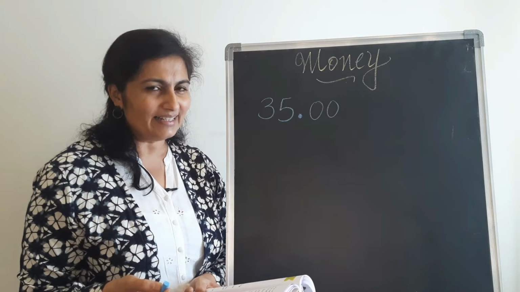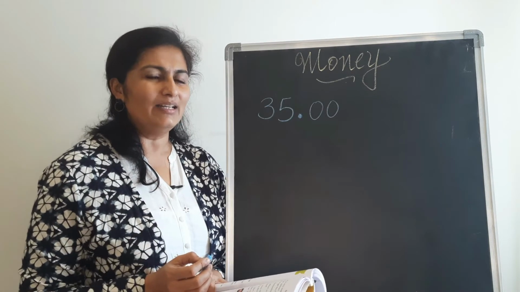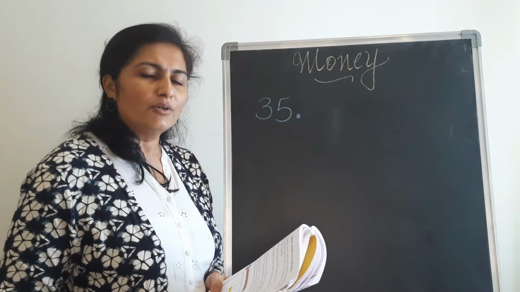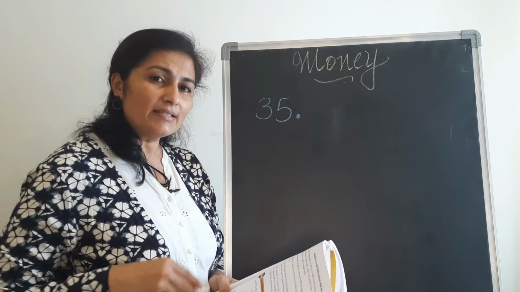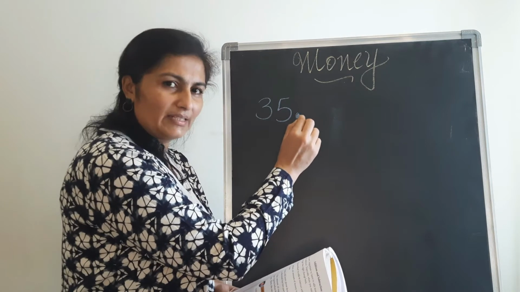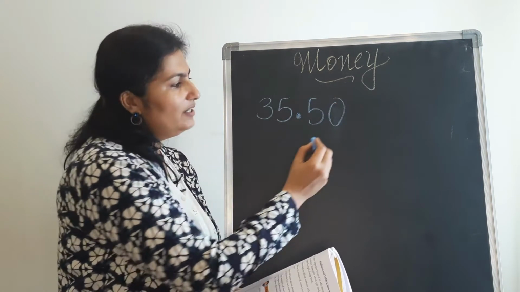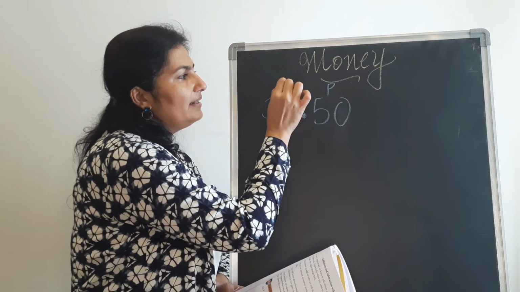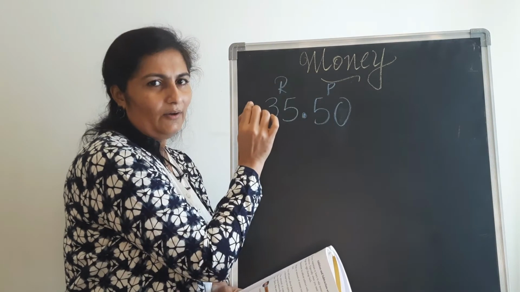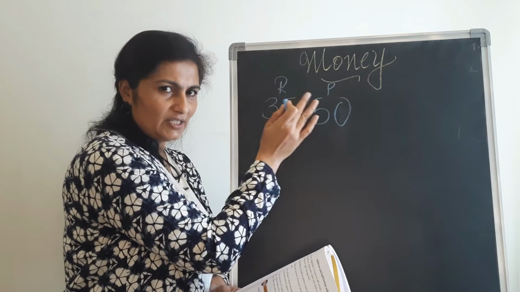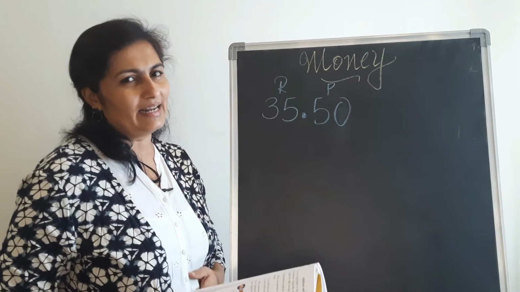I was mentioning that we used to have 50 paise also a few years ago. So for 50 paise, we put the decimal and put 50. So this is paise and this is rupee. We don't write it like this, but this is just for you to understand.